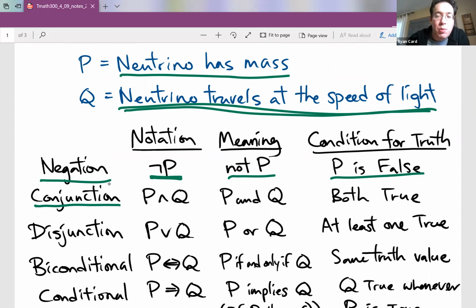Not flips the truth value. Conjunction is a fancy way to say the word and, right? The way to write that in symbols is you put a wedge between two different statements. The wedge looks like a little triangular symbol, like maybe an exponent symbol on your calculator.